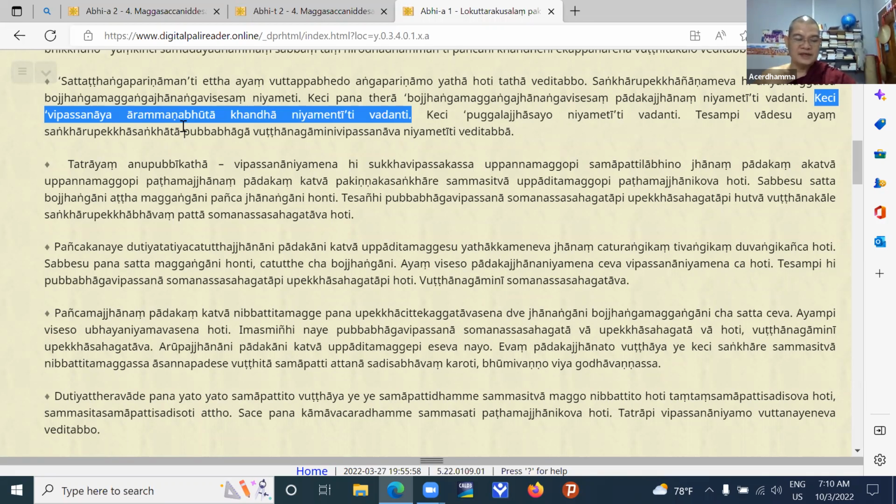Not padaka jhana, but the object of the vipassana jnana. So there are the khanda here. The object of the vipassana jnana will determine the magga here, now with their factors.